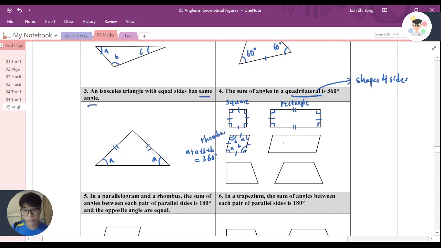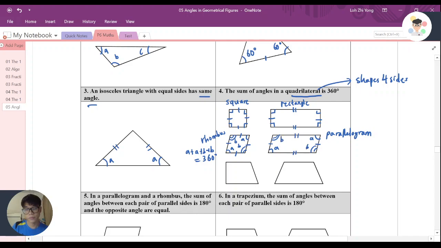Now, the things that is similar to rhombus, but it's not the same length. Example, here, this length is the same as this length. This length is the same as this length. This is something we call it as parallelogram. Okay, parallelogram. And things to take note is that the same thing like rhombus, this angle and this angle is the same, AA. The angle here and the angle here is the same, BB.